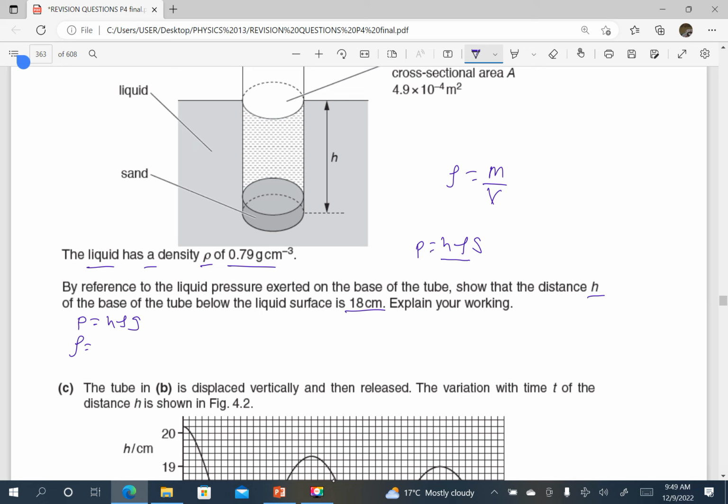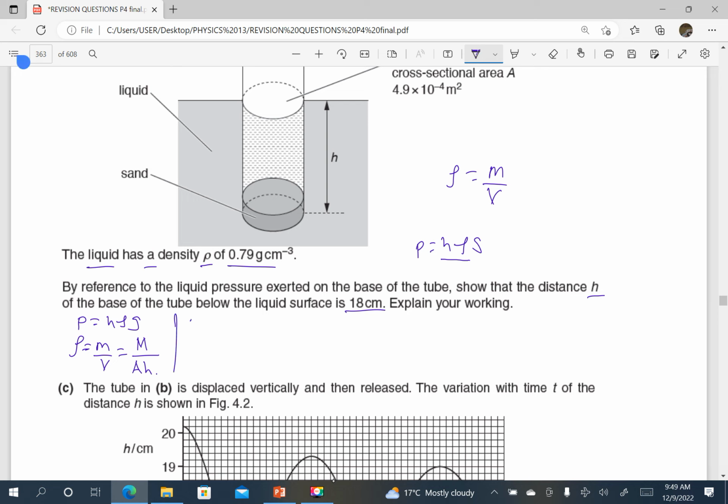Density is going to be equal to mass over volume, and this will be mass. Volume is going to be the cross-sectional area times the height h. Remember, a body displaces a volume which is equal to its own volume.